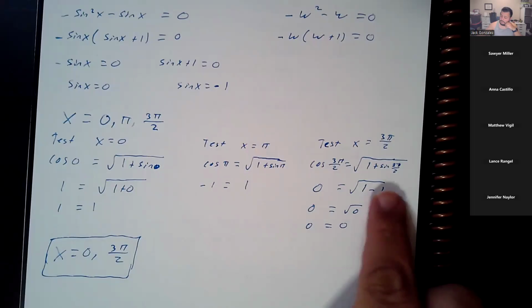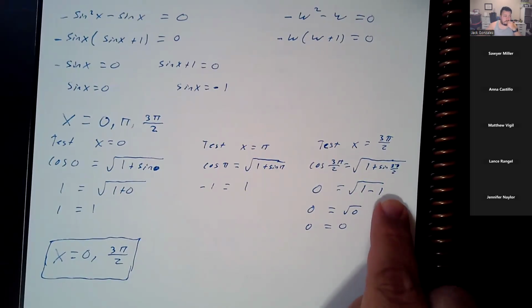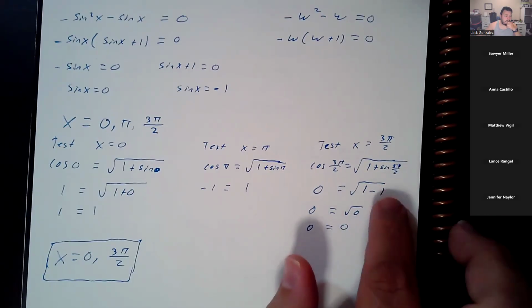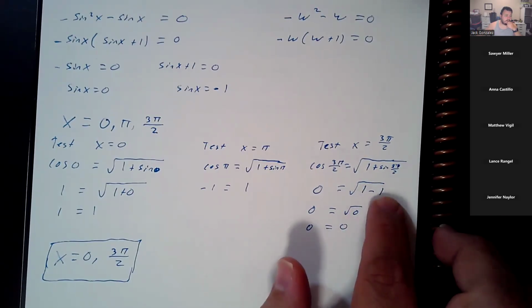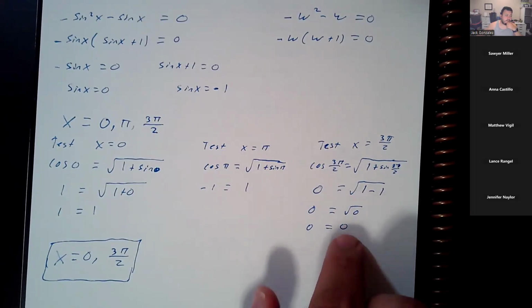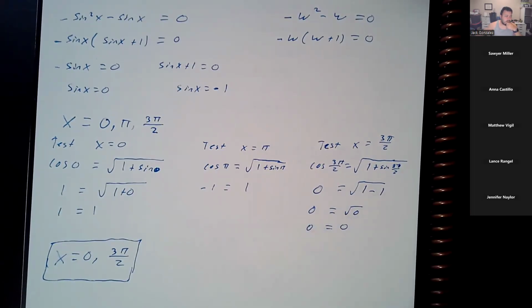So 1 minus 1 is 0, and we're good. We have equality. Anytime it's not equal, it's not a solution, so you throw that one out.